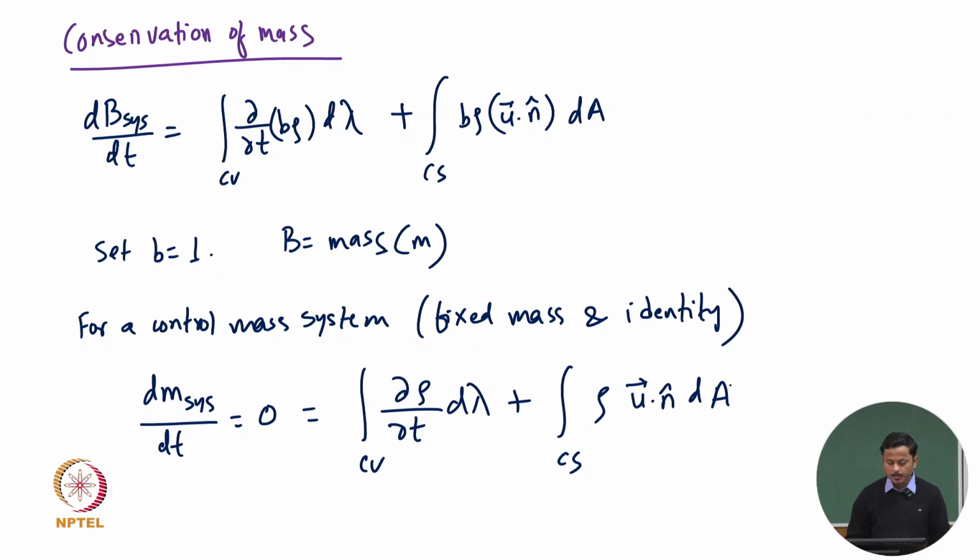This is just the statement of the Reynolds transport theorem. We have just substituted small b equal to 1. Now I'm changing the right hand side to the left hand side.